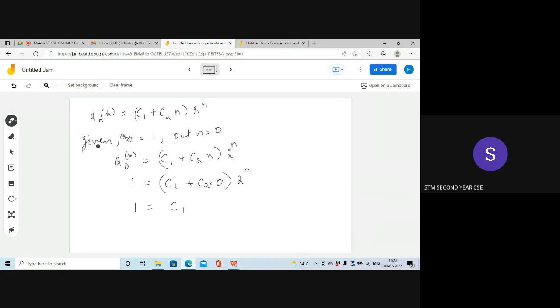Here also n we are going to put as 0. This 2 raised to 0 turns out to be 1. This term becomes 0. So you get C1 is equal to 1. Okay, therefore C1 is equal to 1. Now, did you get the value of C2? To find the value of C2, what we should do?